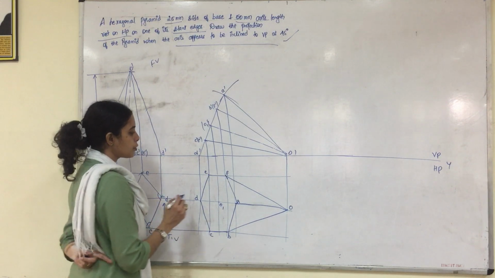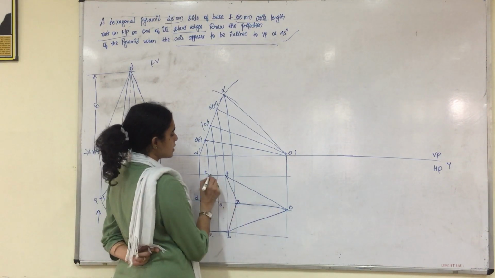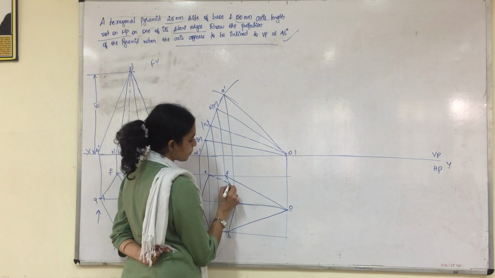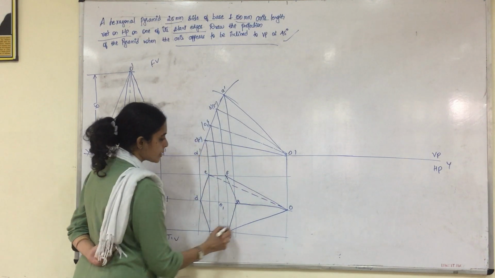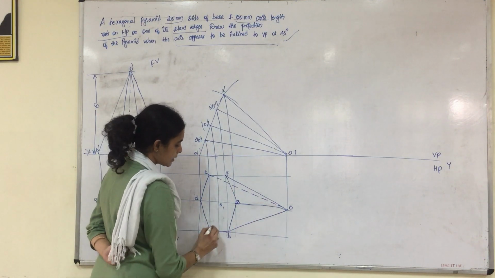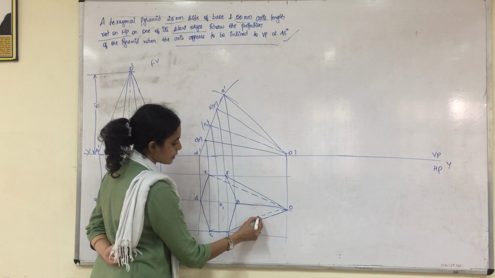And then we have the projection coming through these corners E and C. So these are passing through inside. So this will be hidden. And again C to O will be passing through inside the surface, and hence this also will be a hidden line.